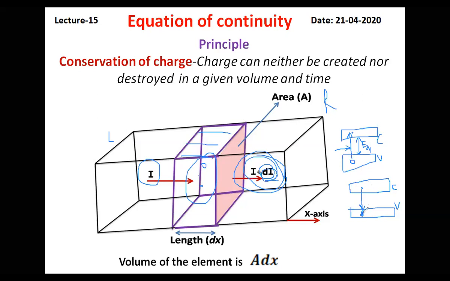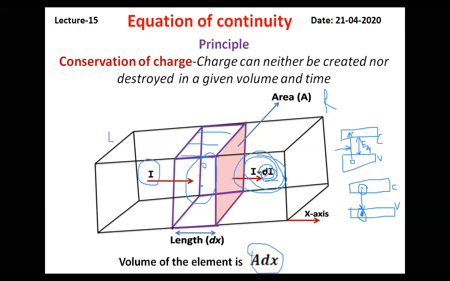Because of recombination, we are removing the electron from the conduction band and we are removing the hole from the valence band. That means we are decreasing the number of available charged carriers for conduction. So we have just seen two processes of removing the charged particles from the considered volume element of volume A dX.